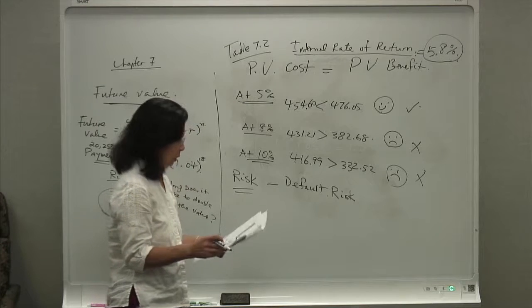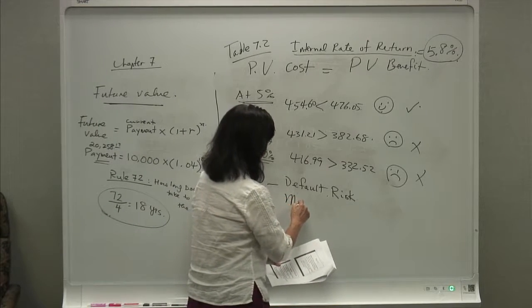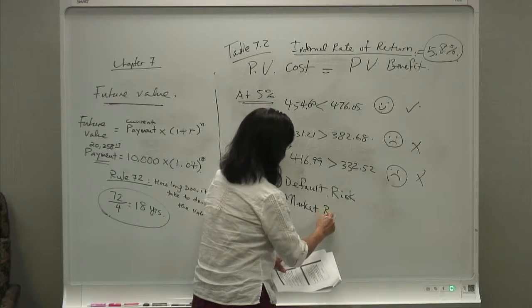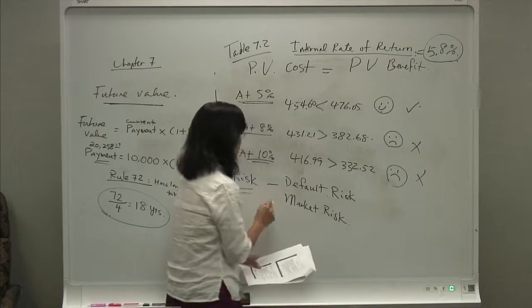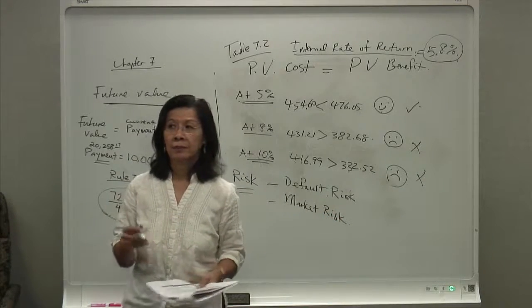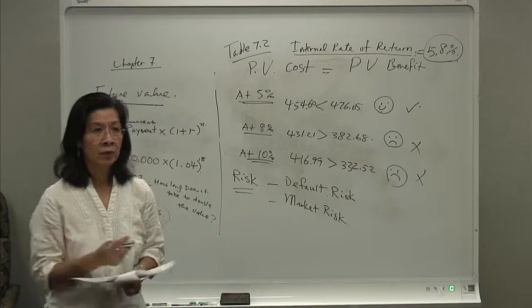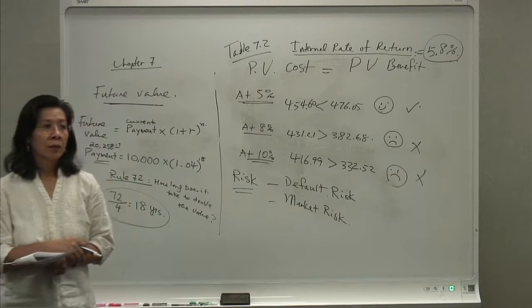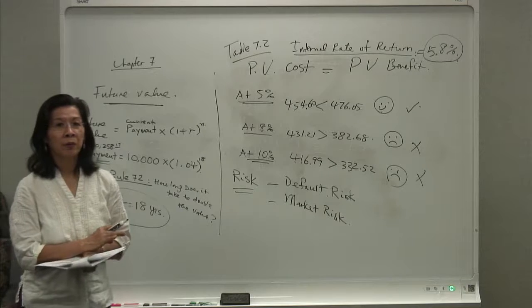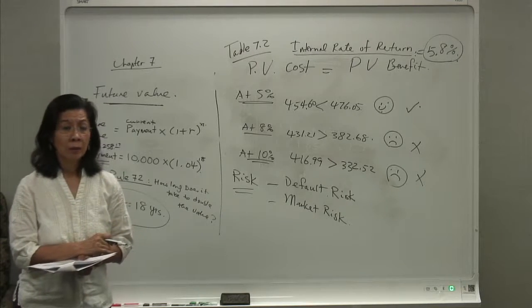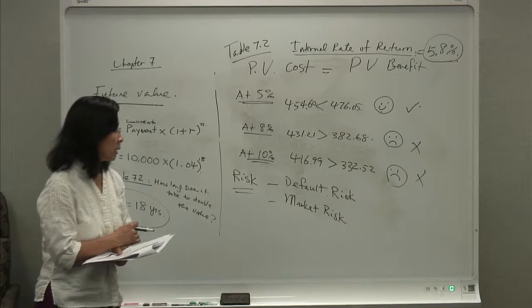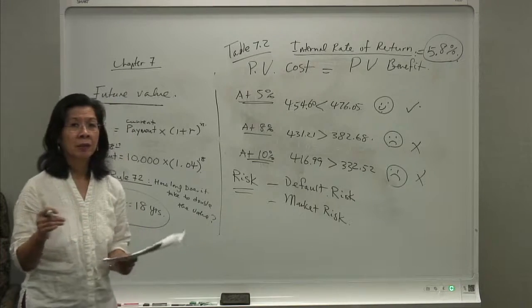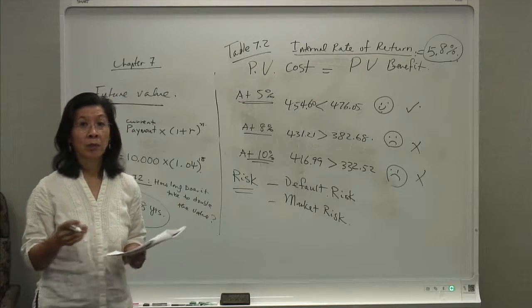And then the other one is known as market risk. And I think most of us are familiar with it. A market risk would be, for example, September 11, 2001. That was not a very good period of time in U.S. economic history, because September 11 basically plunged the economy into recession.